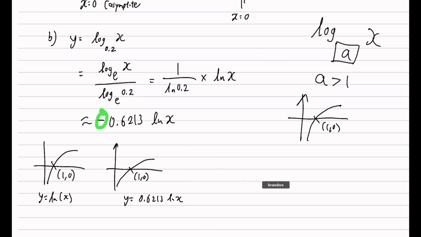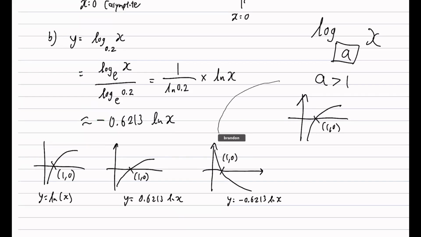But now when you have an extra negative sign, what happens? Flip, exactly. So you just flip it upside down. But you still pass through (1, 0). Makes sense, right? When you have an extra negative sign, all the y coordinates that you originally got, you have to multiply by -1.